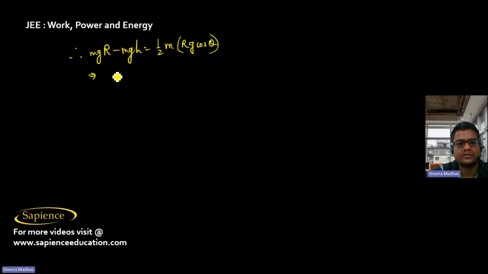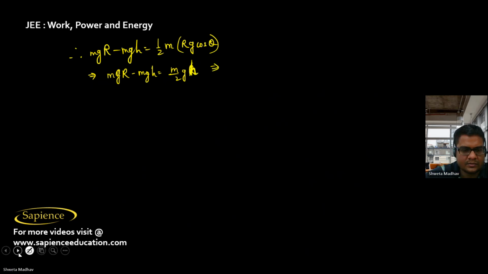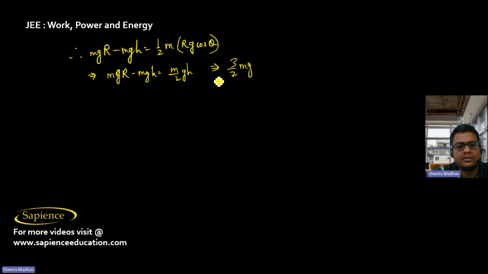So therefore we can say mgr minus mgh is equal to m by 2 into gh. So m by 2 gh plus mgh is 3 by 2 mgh, since half plus 1 is 3 by 2. 3 by 2 mgh equal to mgr.